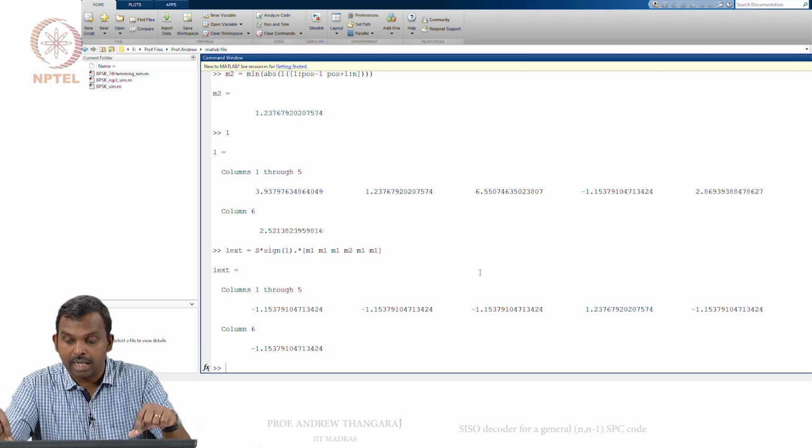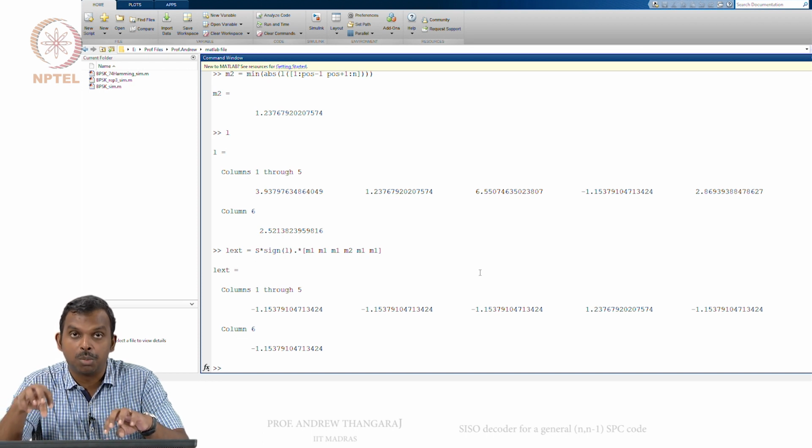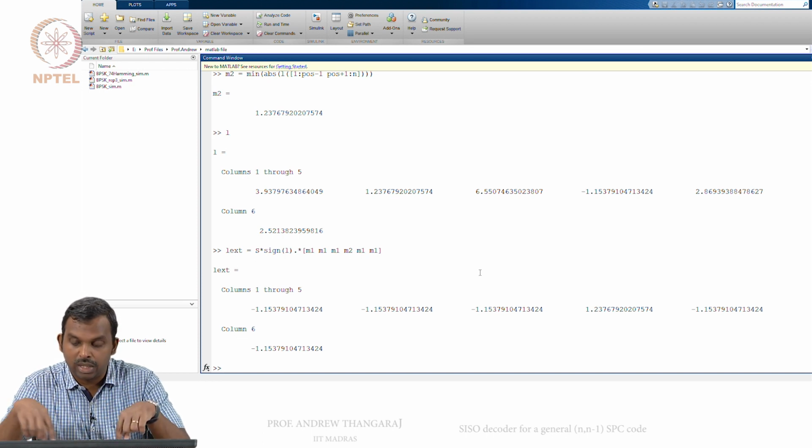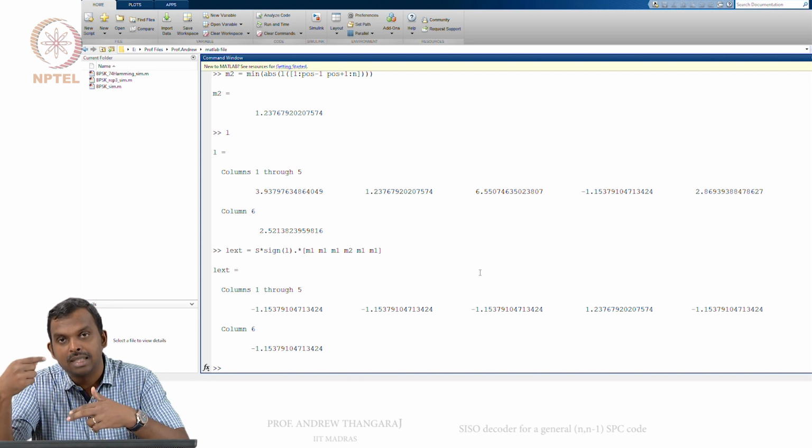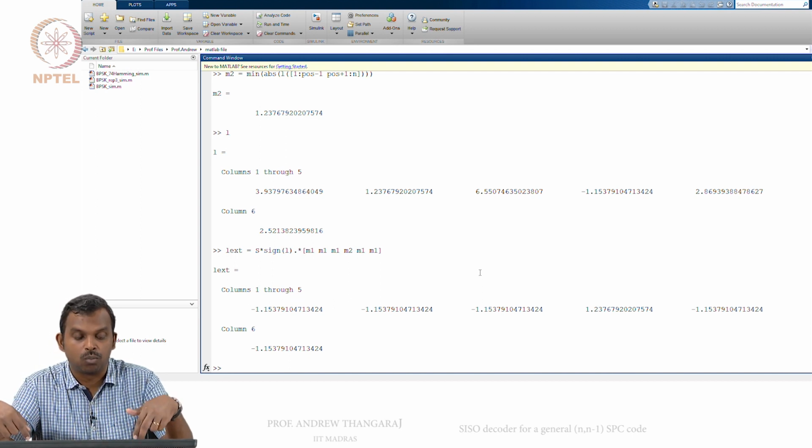We found the overall sign, and then the sign of each input LLR, and then flipped all the signs, and then the absolute value is found by the minimum absolute value, minimum 2 absolute values. Most of the values get replaced by the least of the absolute values, and then the position of the least alone gets replaced by the second least absolute value. Is that okay? So this is the min sum approximation.